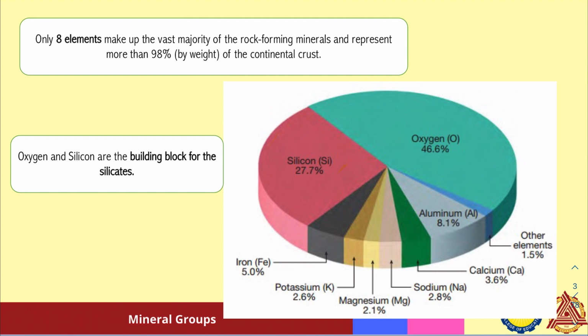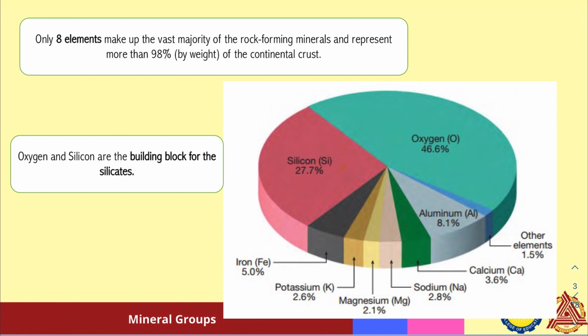So, 8 elements, as you are seeing in the picture, make up the vast majority of the rock-forming minerals, and they represent more than 98% by weight of the continental crust in terms of abundance. So these are plentiful in our continental crust, and we are not surprised why many minerals have a composition of silicon, oxygen, aluminum, and the rest.